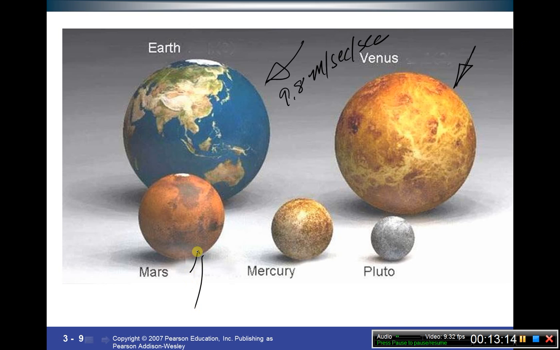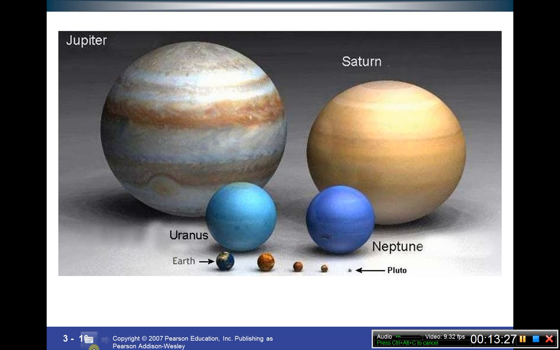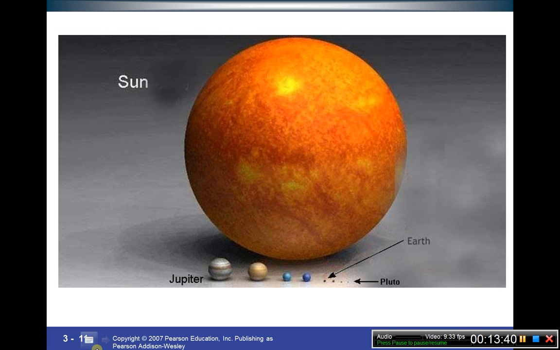Mars would be even less, and then you get down to Pluto, which no longer is a planet. It would be very small. And then you can look at Jupiter and Saturn, which are very large compared to Earth, and their gravitational constant would be quite a lot greater. And then the Sun would just dwarf everything.